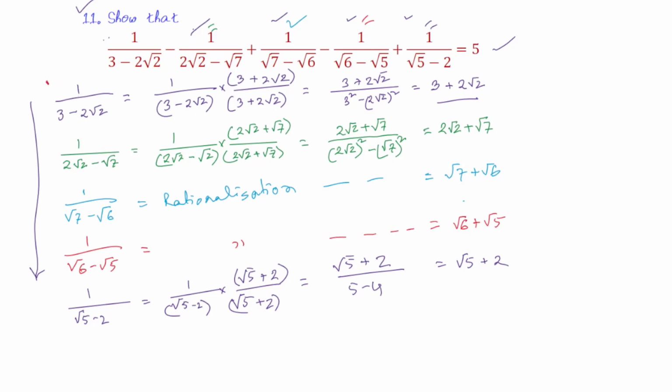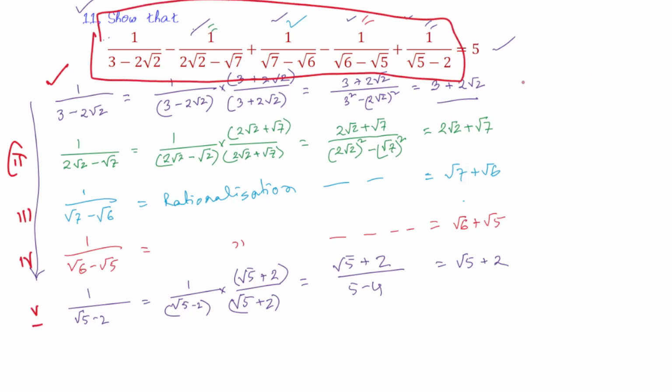Now you see, this is the first term, this is the second term, this is third term, this is fourth term, and this is the fifth term. That is the left hand side, and if you add them all, that means this minus this plus this minus this one and plus this one, then what will you get?